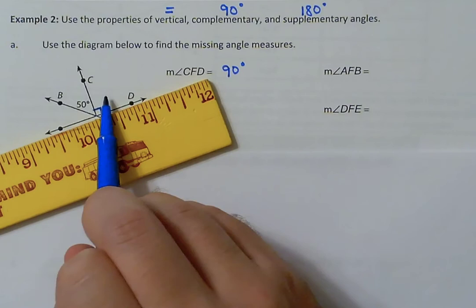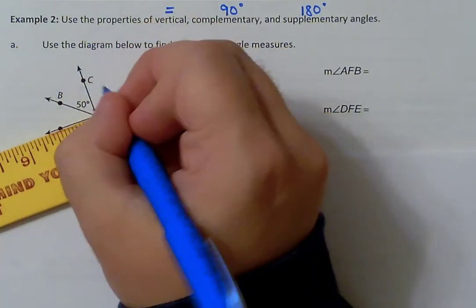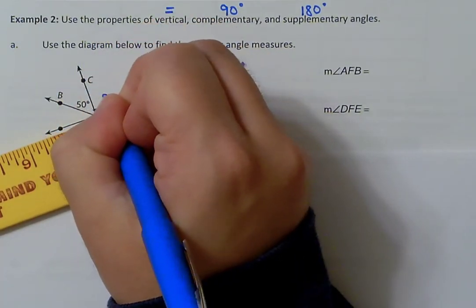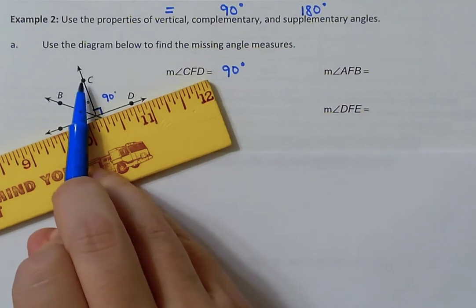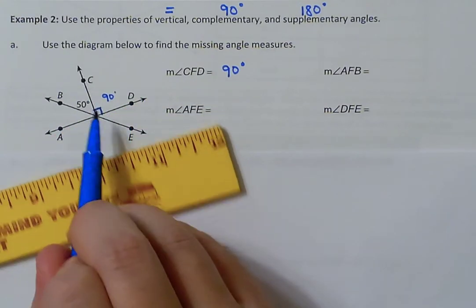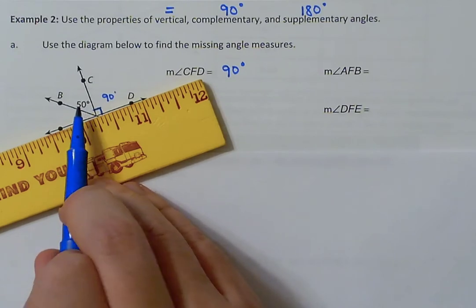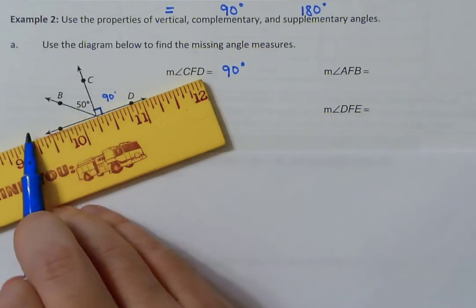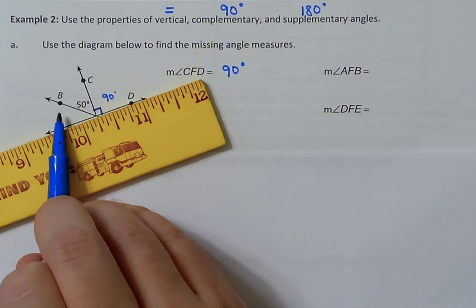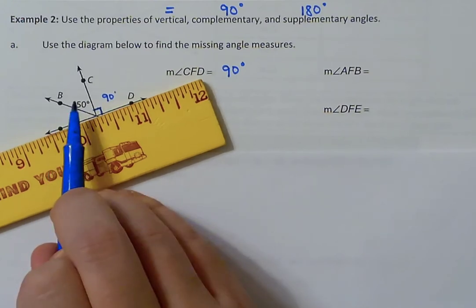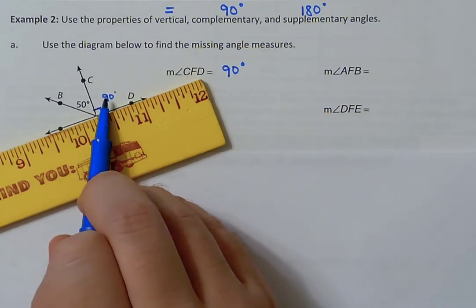So if I know that CFD is 90 degrees and that CFB is 50 degrees, that means AFB, whatever this is, it has to be this plus 50 plus 90 equals 180.